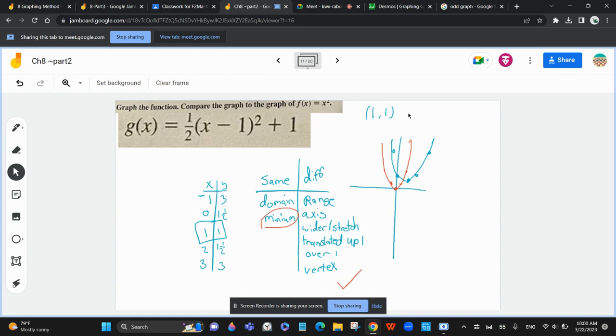And then the range is different, the axis is different, wider stretch. So the one half stretches the function, and then plus one translates up one, and then the negative one moves the x over to one, and the vertices are different.